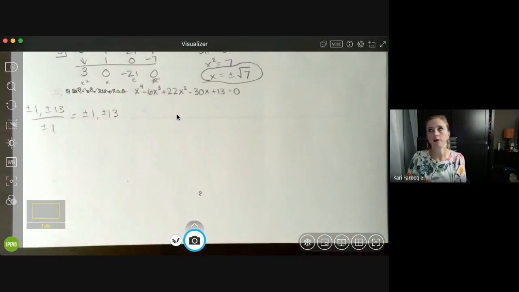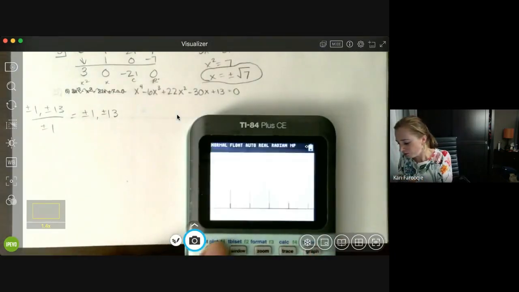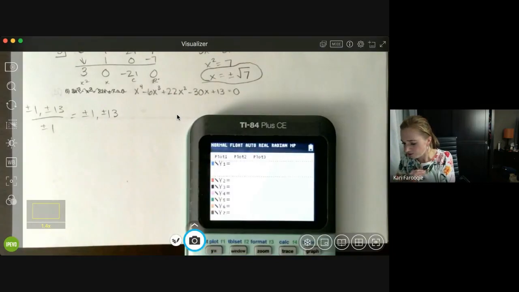So if you were like, gosh, by the time I could sit here and put this into my calculator, I might as well just do synthetic division on all 4 of these values and find which one gives me a remainder of 0. Honestly, that might be a faster way to do it. But, you know, up to you. Maybe you're starting the synthetic division right now just to try to beat me. Try to get that value first.